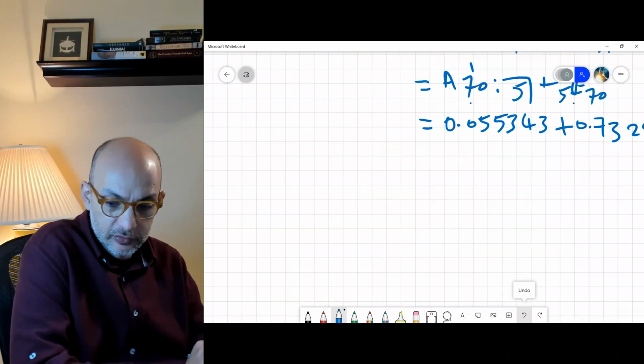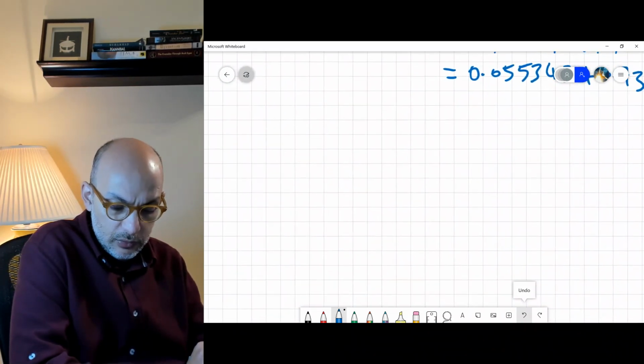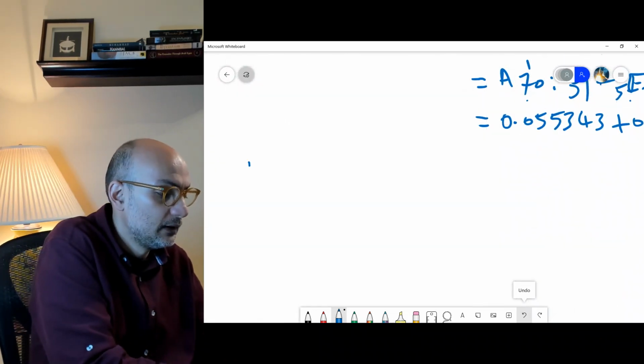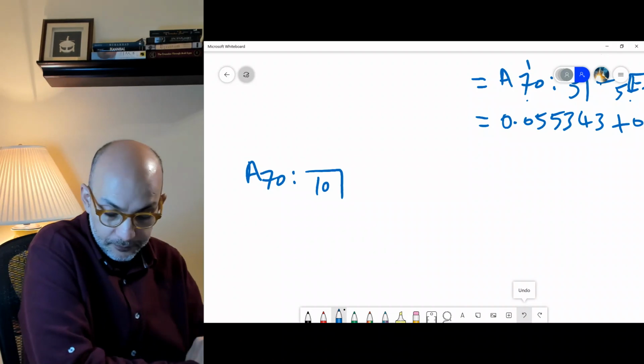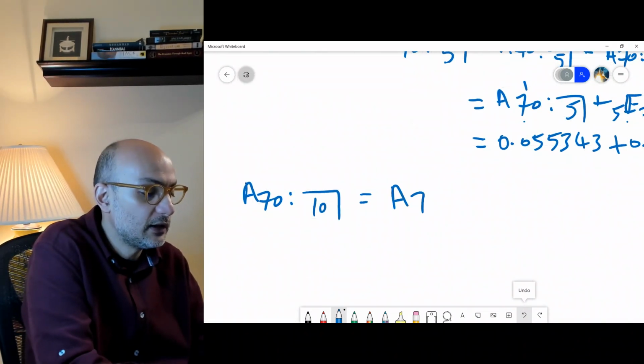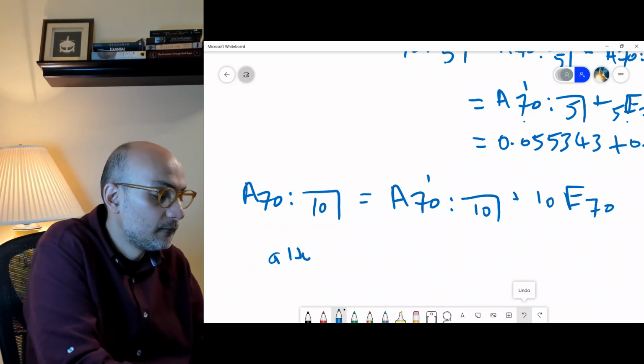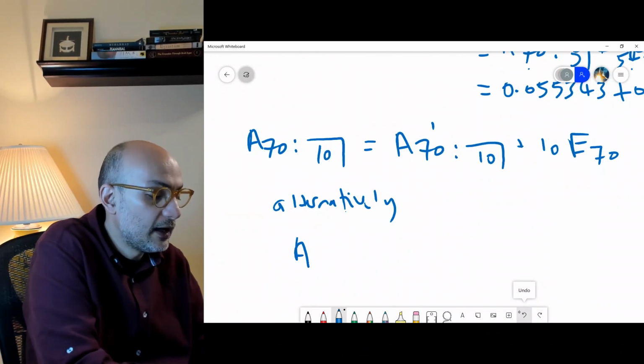Now since we are working on this, let's take another example. Let's say we want to calculate now A70 for 10 years. And there is no one. There are many ways you can calculate, like what we did. Alternatively, you go directly to the life table.